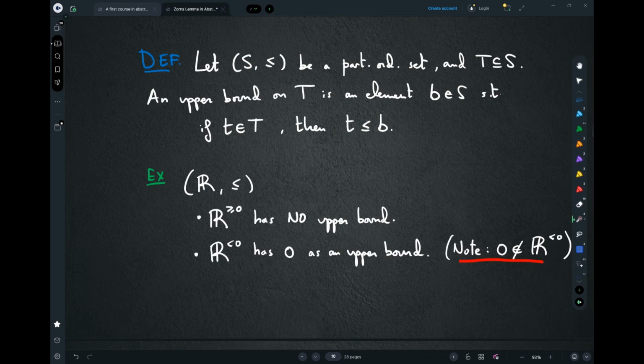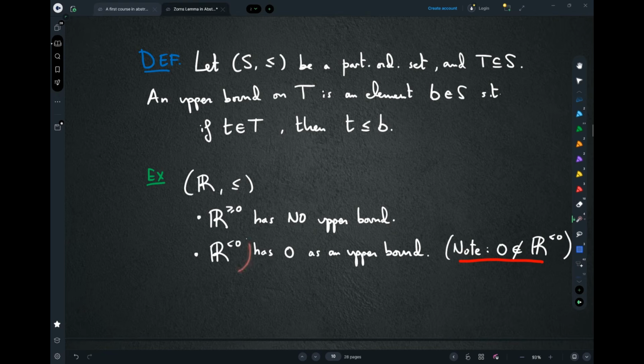So also, let's define what an upper bound is. If we have a partially ordered set S and we have some other subset T, we say that an element B in S is an upper bound of T if for every element t in T, t is less than or equal to B. For example, if we have the real numbers under the usual inequality and take the subset T to be all the non-negative real numbers, then there is no upper bound.